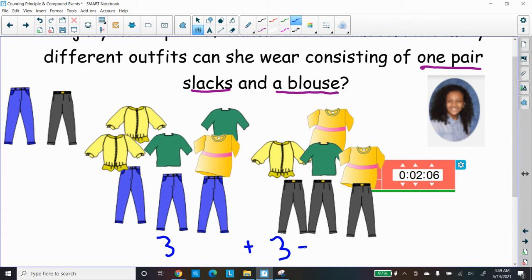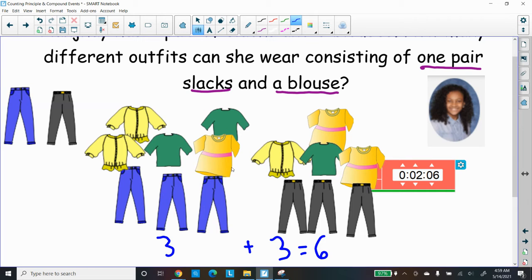So she has a total of 3 plus 3, 6 possible outcomes consisting of 1 pair of slacks and a blouse. So the jeans made the difference in each occurrence. Like the yellow top is the same as this yellow top, but the jeans are different. So that's what makes it different.